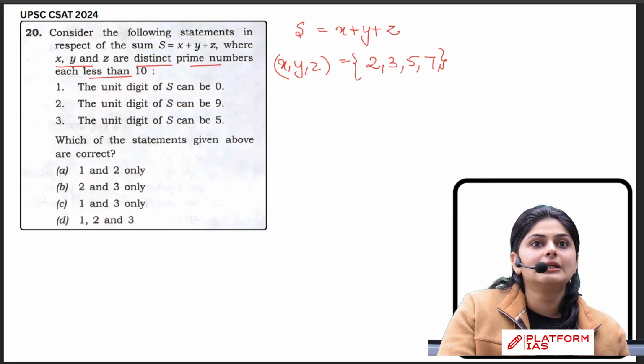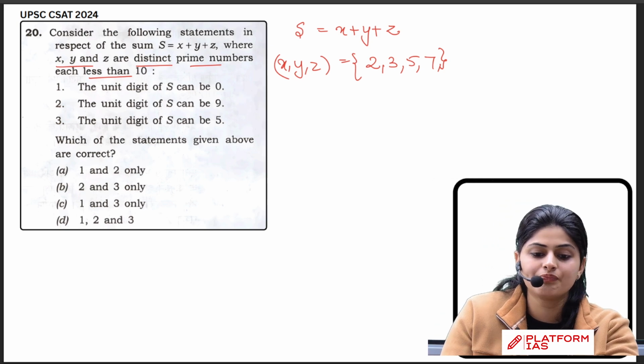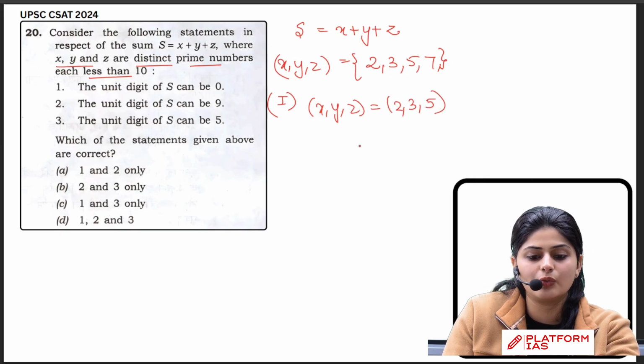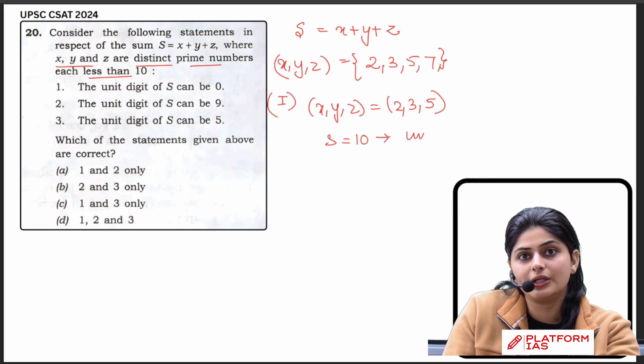Now the first condition, we will assume x, y and z are equal to 2, 3 and 5. Then what will be the value of s? s will be 10, that is, the unit digit is 0.